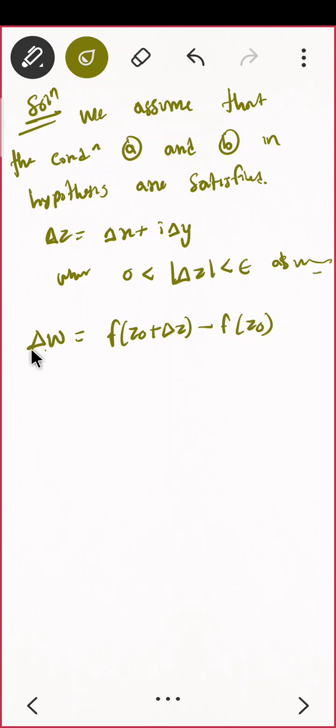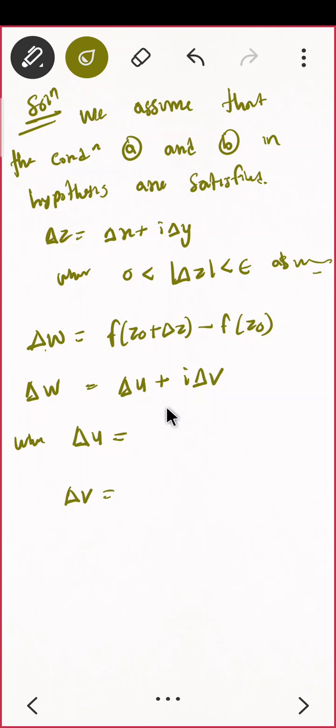Correct? So what will delta w be? What is f of z naught plus delta z? You can write delta w as delta u plus i delta v, where delta u, see whether I am correct or not, is u at x naught plus delta x, comma y naught plus delta y, minus u of x naught y naught.